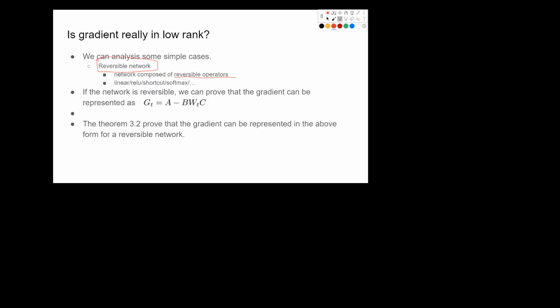Okay, so we go back to the analysis here. In the appendix of this paper, it provides the proof of theorem 3.2. It says that if the network is reversible, the gradient could be represented in this way.